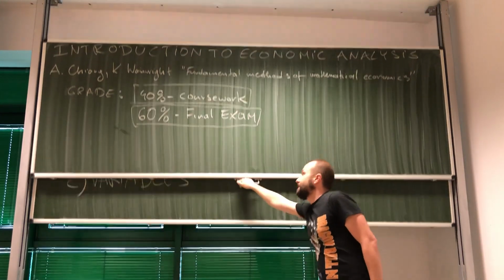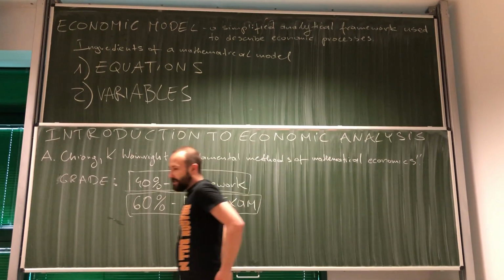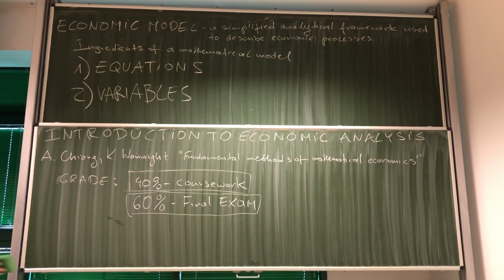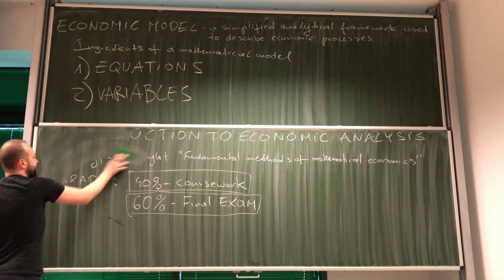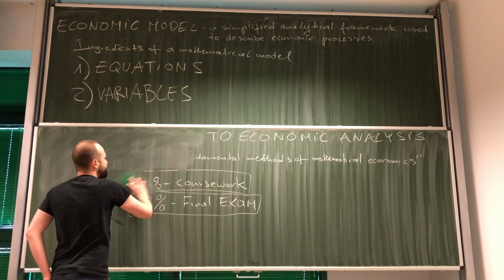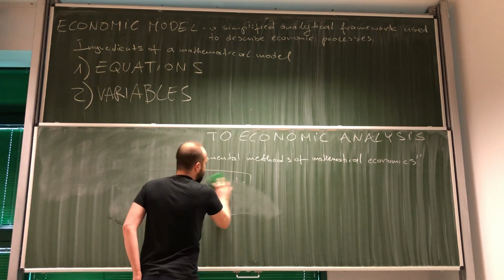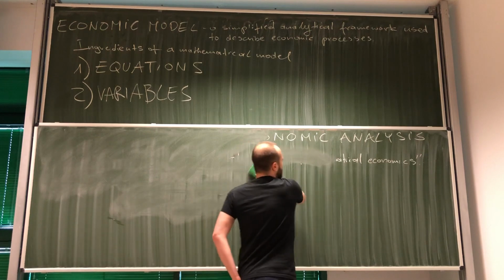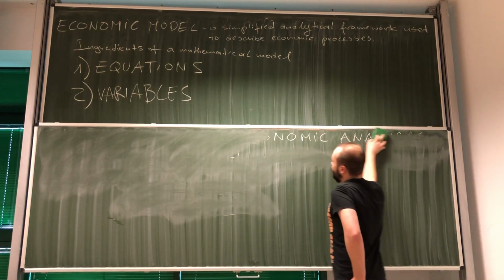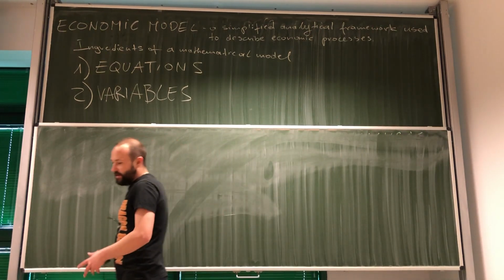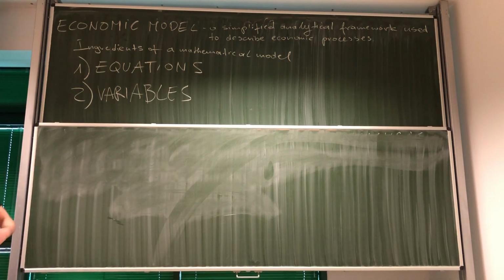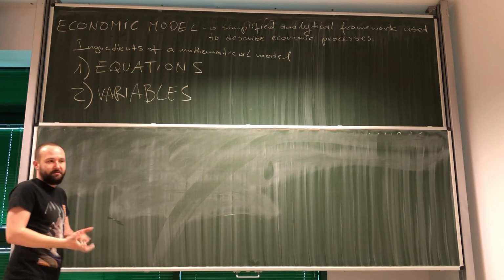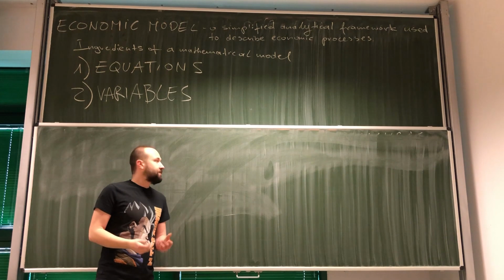Okay, so let's start with variables. Variables are the elements, the building blocks of every equation and of every economic model. Those are all the phenomena that interest us in a specific context.